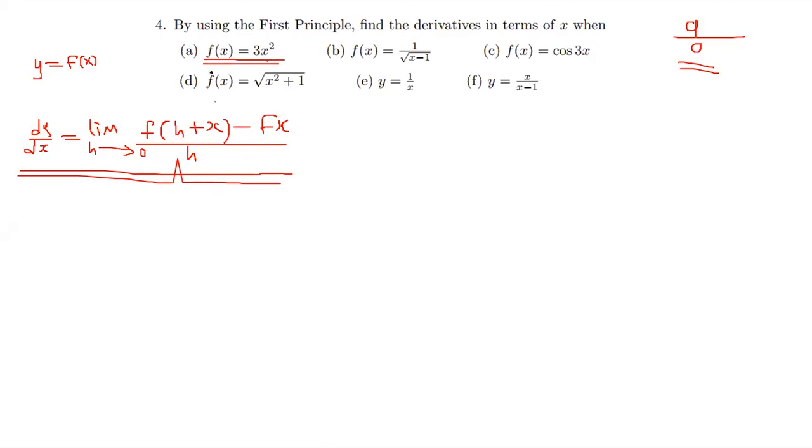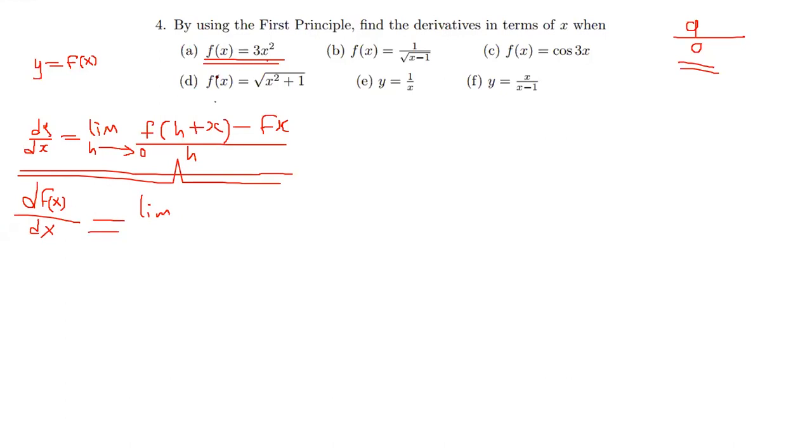When you have a given question like this, and you've been told to find the derivative, you're going to be finding df of x over dx. It is found by taking the limit of f of h plus x.